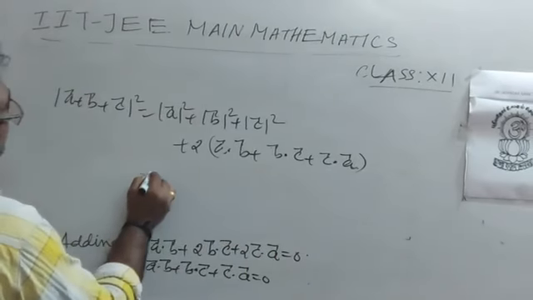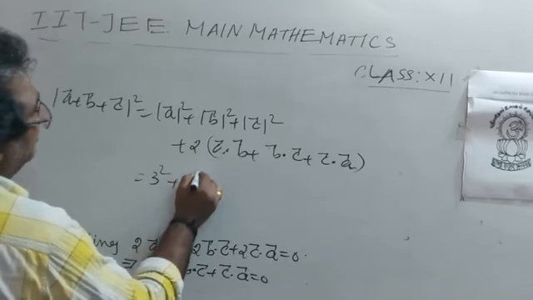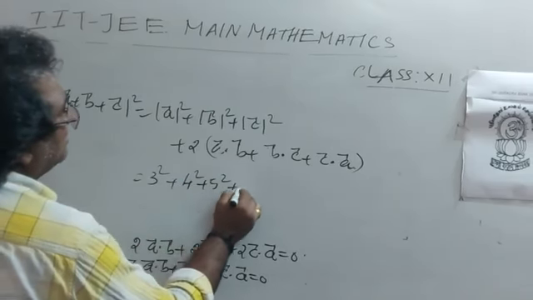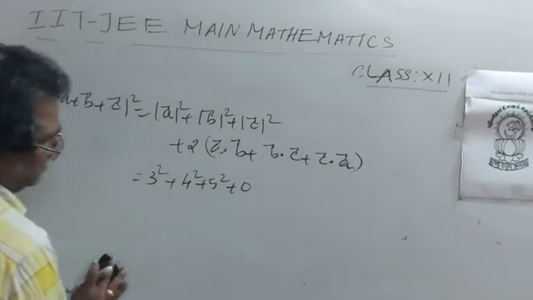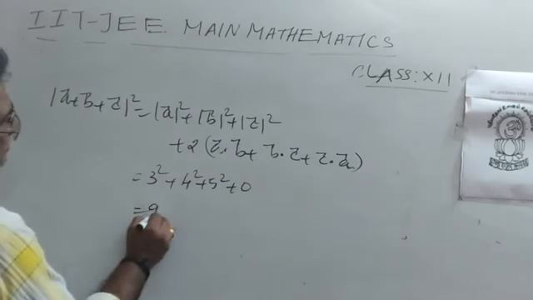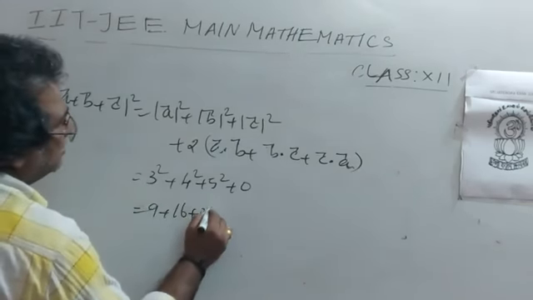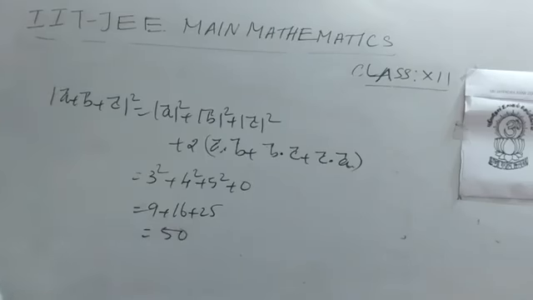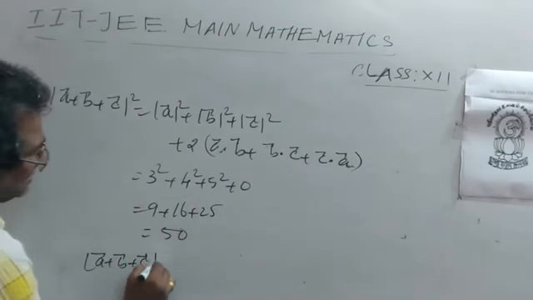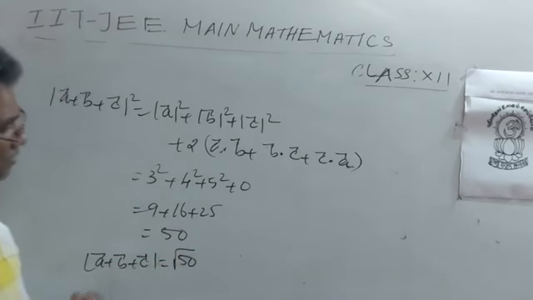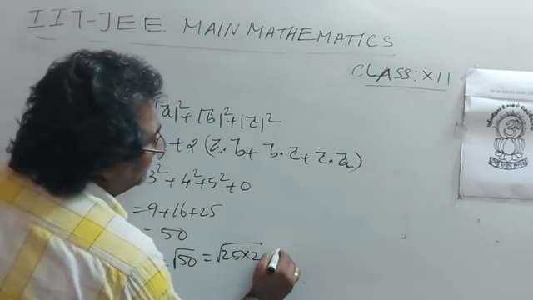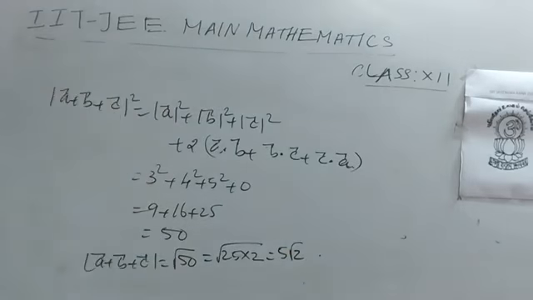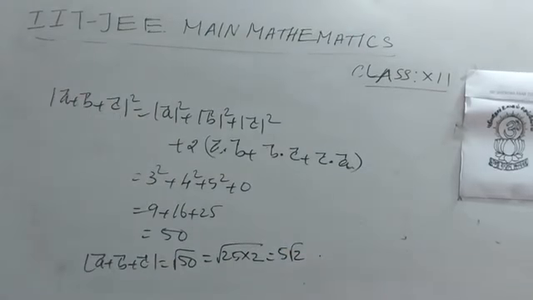So 3 squared plus 4 squared plus 5 squared plus this, which is 0. So 9 plus 16 plus 25, that is 50. Modulus of a plus b plus c equals root 50, that is 25 into 2, so 5 root 2.